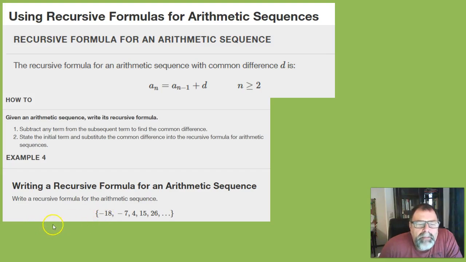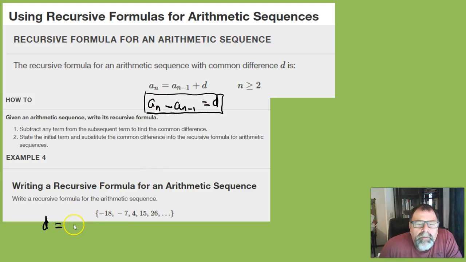So basically, if you're told this is an arithmetic sequence, you can just take any two consecutive terms. If you subtract A sub n minus A sub n minus 1, that's d, right? You take any two consecutive terms and subtract to figure out d.